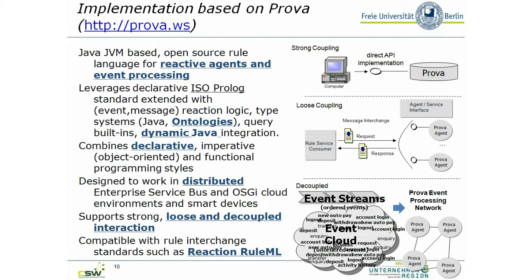It also supports loosely decoupled interaction between the rule agents, and moreover, it can be easily translated to the interchange format Reaction RuleML.